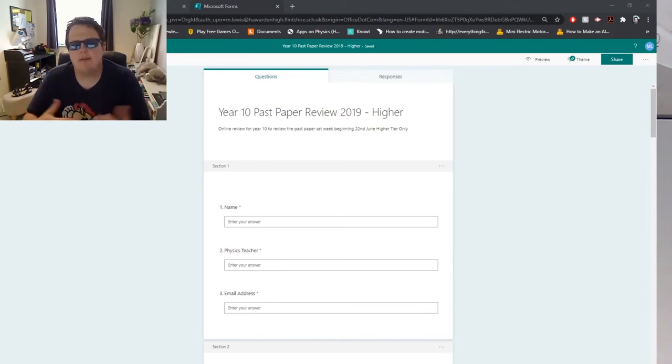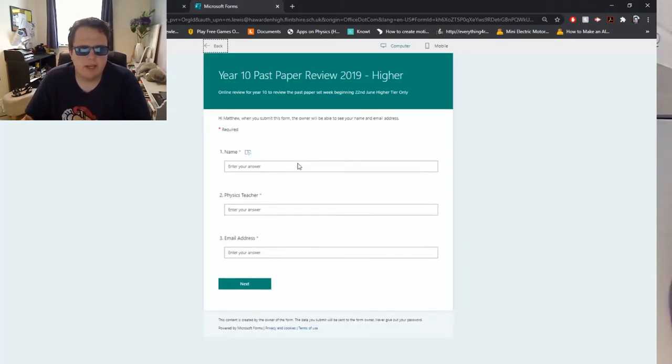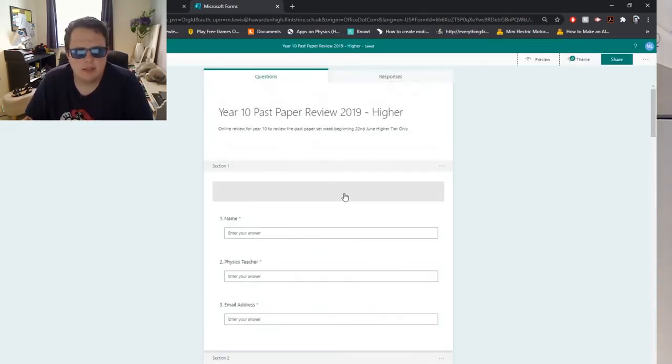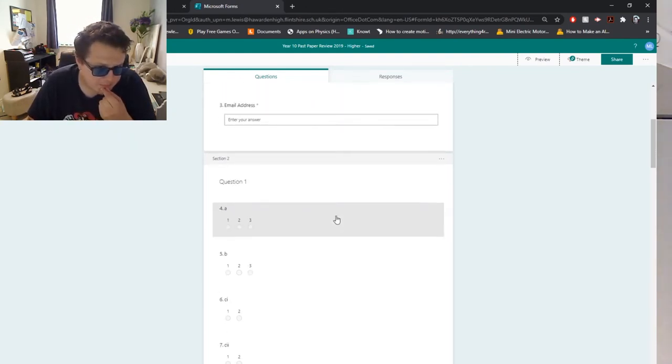You'll get 2, there'll be a higher and foundation, you only need to do 1. And it will look something like this. Okay, so you'll put your name in, your physics teacher, and your email address. That just means it's easier for us to track who's handed it in, and I can pass information on.